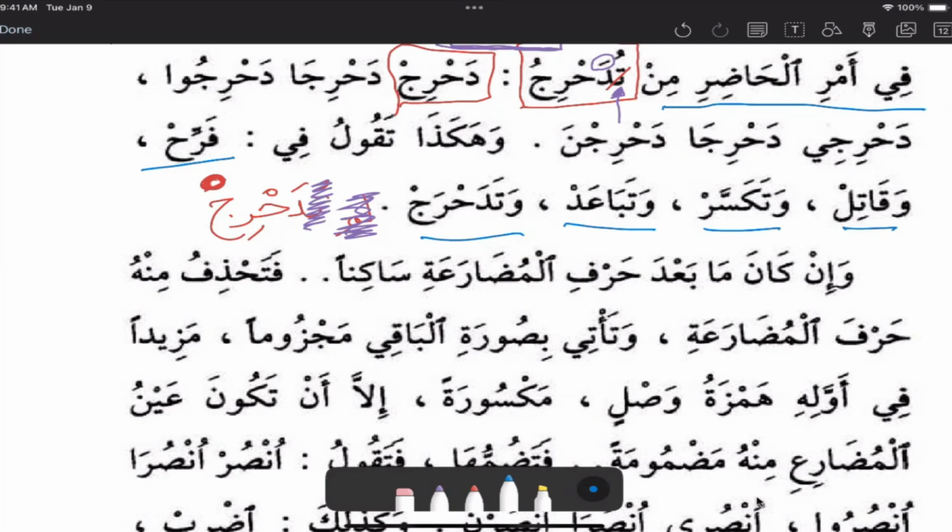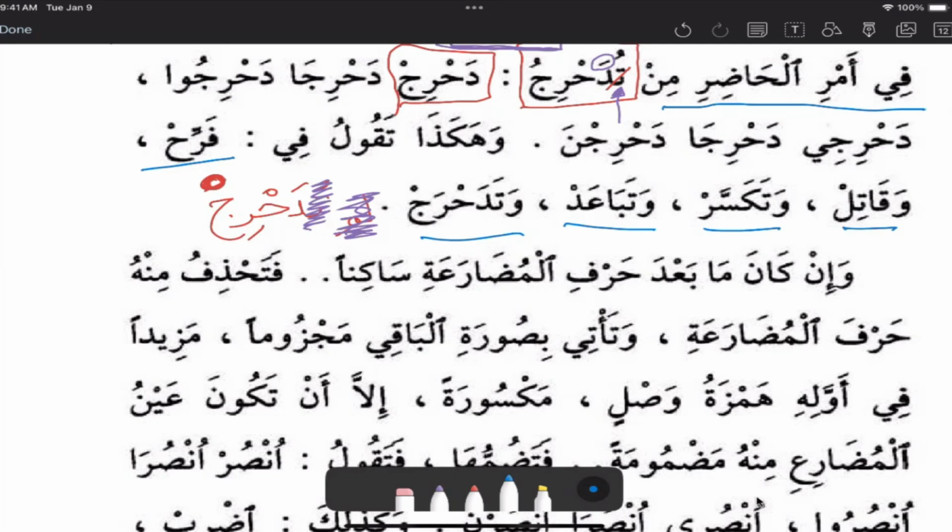He's telling us now a third case. وَفَتَحُوا هَمْزَةَ أَكْرِيم. They, who's they? They is the ancient Arabs, not the scholars of Arabic language. Scholars of Arabic language just describe what's there. وَفَتَحُوا هَمْزَةَ أَكْرِيم.